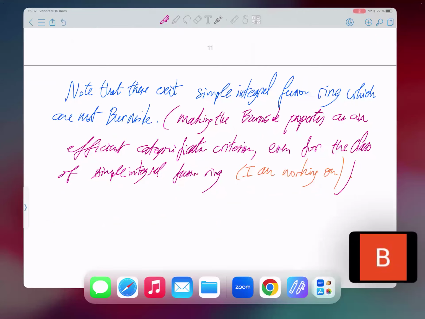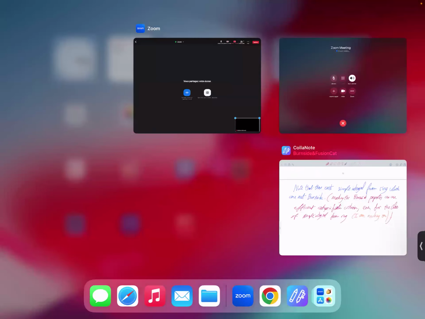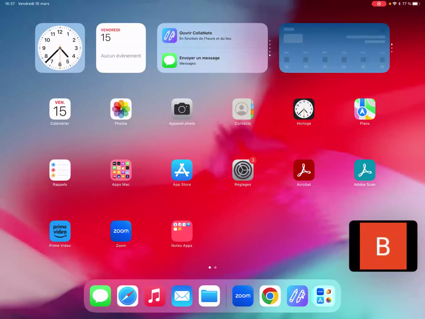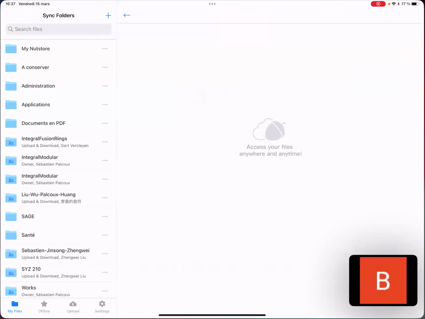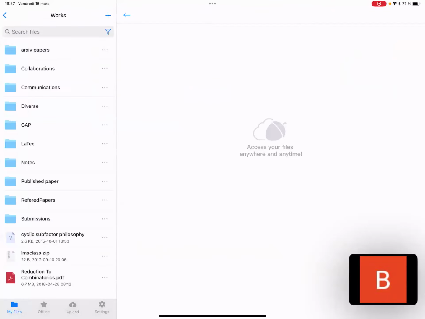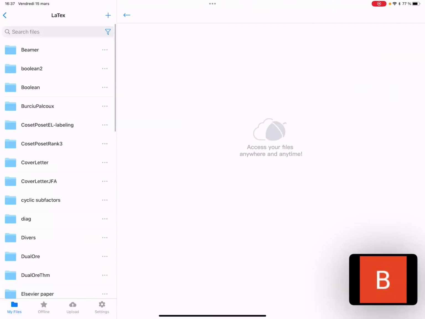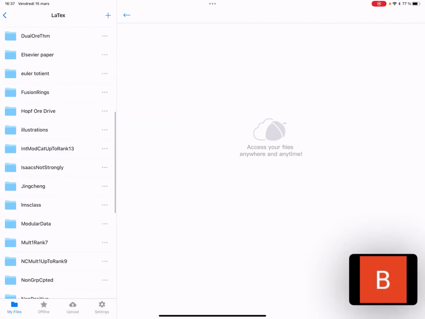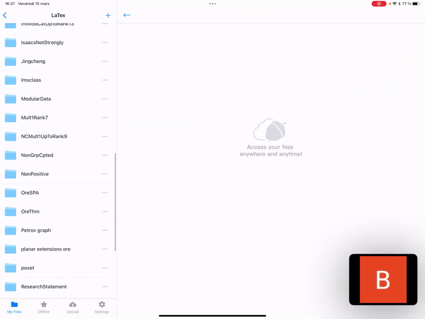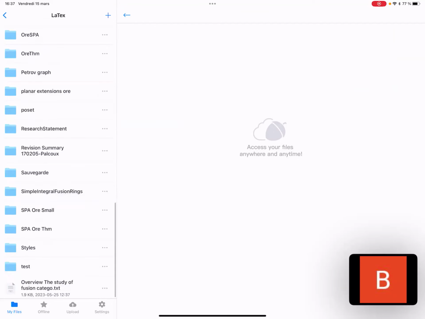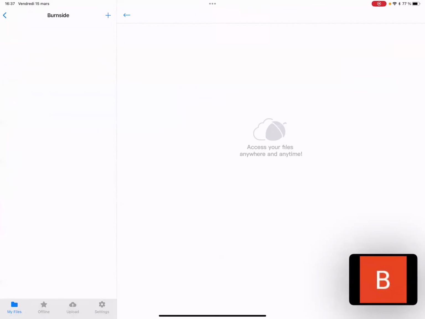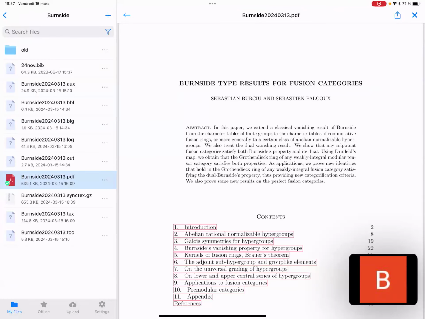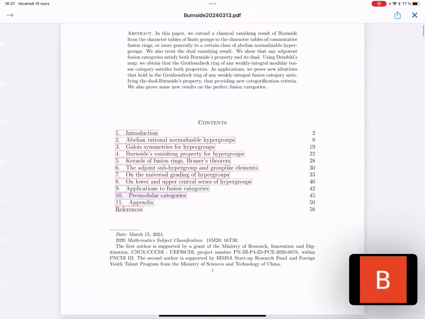Let me show you, because it is interesting. So where is it? Work, LaTeX. Now I have to find the paper somewhere. Yeah. And here. Okay, so it's an appendix.